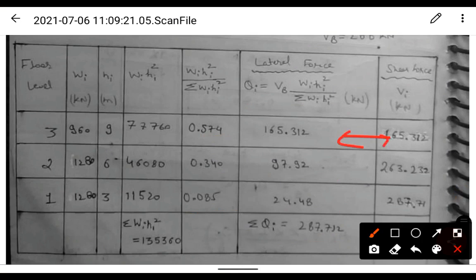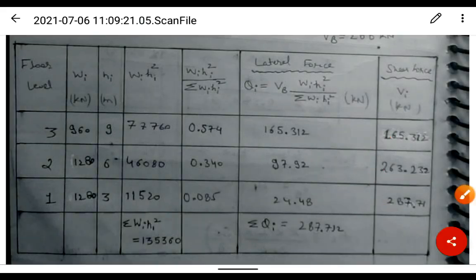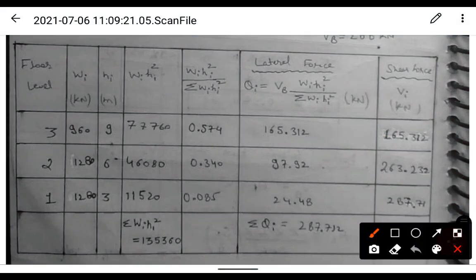We add this value with this, and again this total which we get here, we add it with floor 1, so it will give us this value. This is the way to find the shear force for different levels of floor. This is the last column that you can see. It consists of the shear force of every floor level.